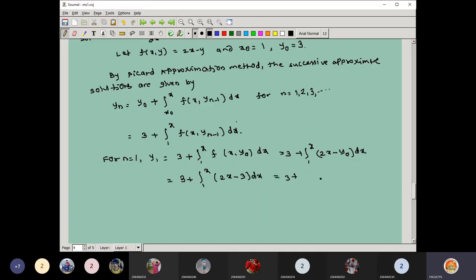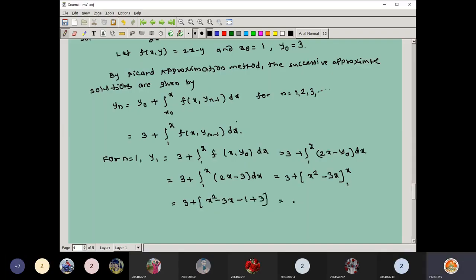So it is 3 plus, now you do the integration. Integral of 2 into x gives x square, minus 3x, limits 1 to x. So it is 3 plus, go for the upper limit first. Upper limit means same as it is, x square minus 3x. Here the lower limit is 1, so minus 1 and plus 3 you are getting.